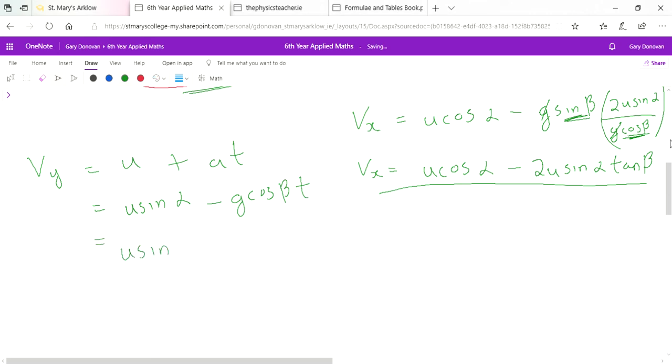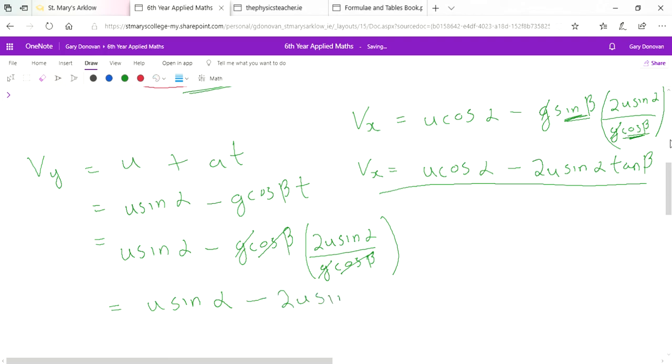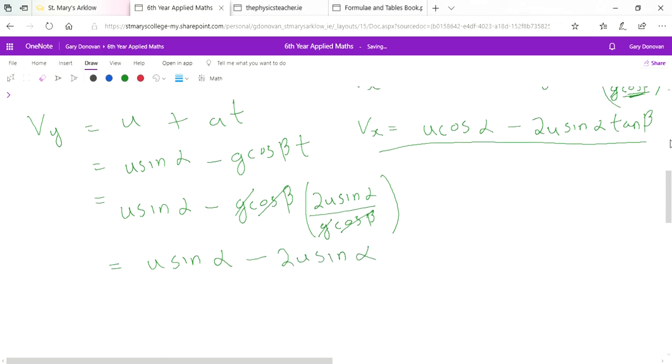Again, that's u sine alpha minus g cos beta multiplied by 2u sine alpha over g cos beta. This one's a little bit easier because the g's will cancel and the cos betas will cancel to just give us u sine alpha minus 2u sine alpha. U sine alpha minus 2u sine alpha equals minus u sine alpha. So that's our equation for Vy.